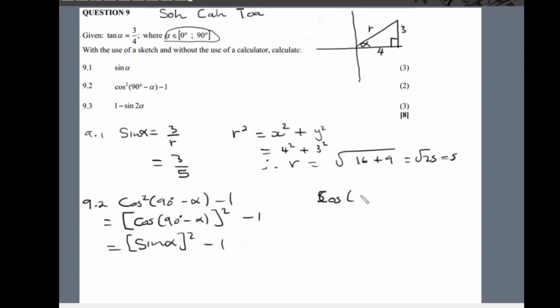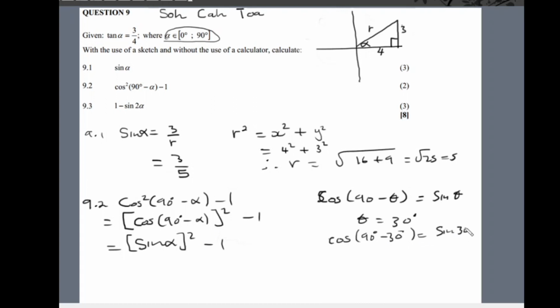If cos 90 minus theta is equals to sine theta, you can test this. Say theta is equals to 30 degrees, right? If you say 90 minus 30 uzoba 60, and when you say cos 60, it will give you 1 over 2, right? So cos 90 minus 30 is equals to sine 30.